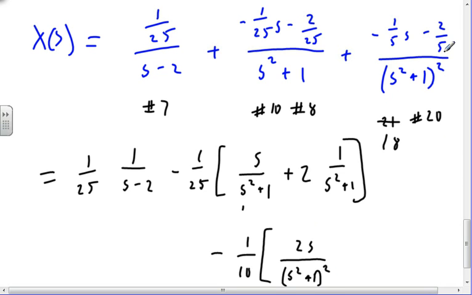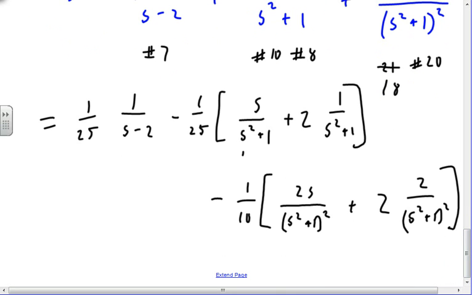That's number 18. Now, what does that leave over here? That leaves a 4 sitting there. So I'm looking at number 20. I have a 4, but I only need a 2, so I'm going to go plus 2 over s squared plus 1 squared.